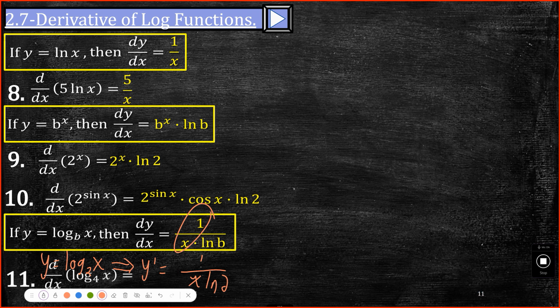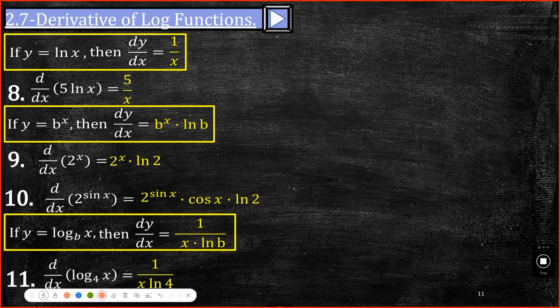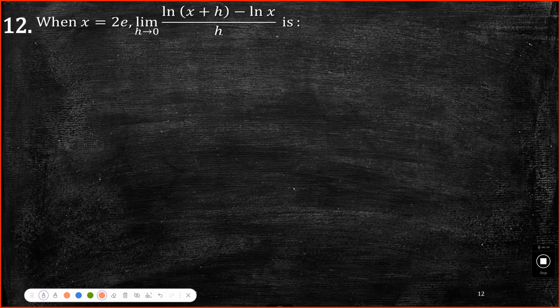If we're doing log base 4 of x, it should be 1 over x ln of 4. We're almost done. We'll do this one, and maybe one more, that's it.